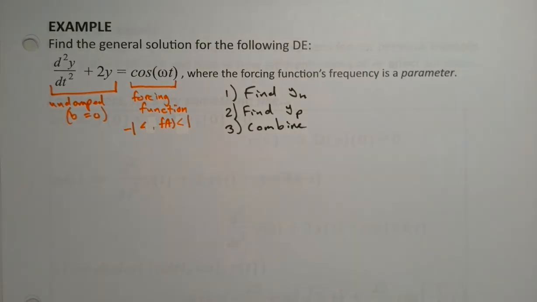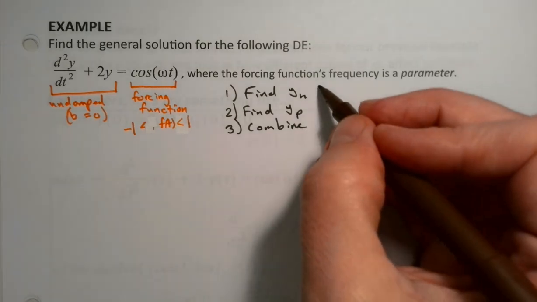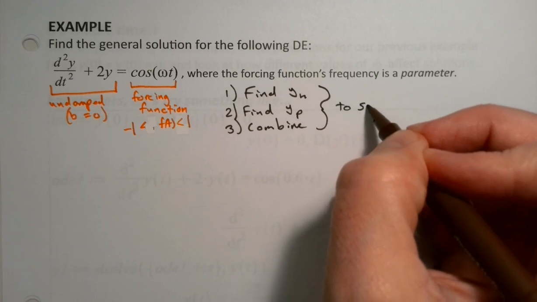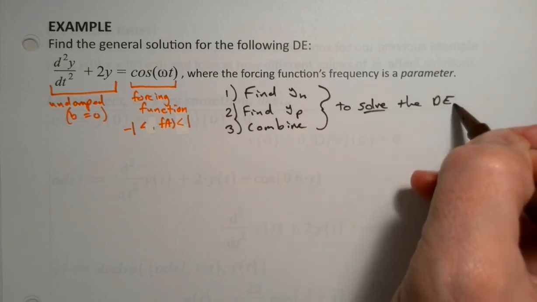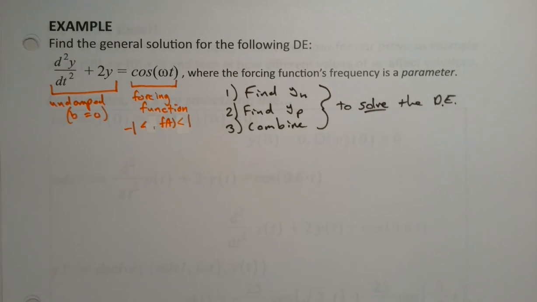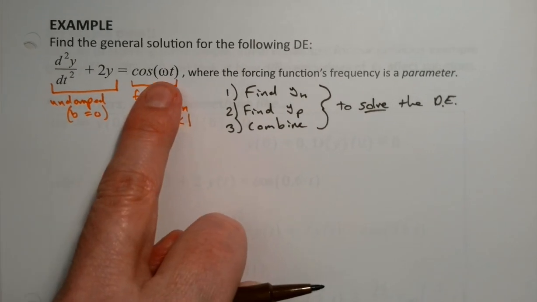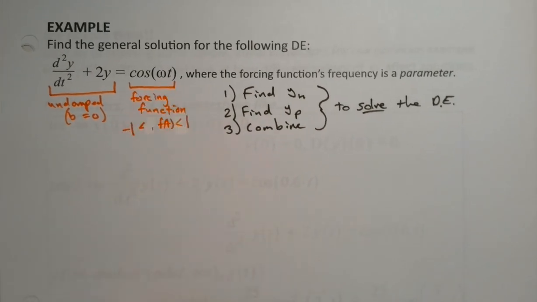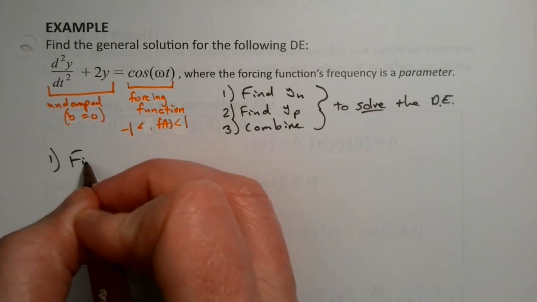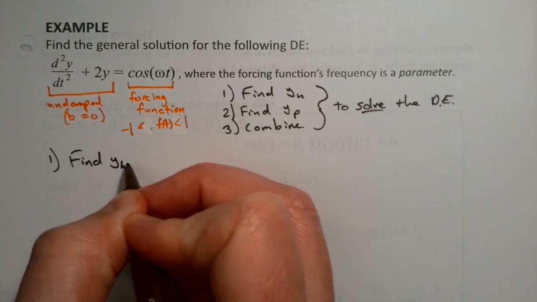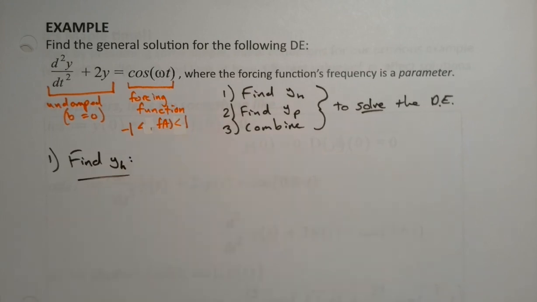So we're going to follow those steps to solve the differential equation, and that's going to give us the equation of motion for this harmonic oscillator. Now we're going to leave omega alone as a parameter and just see where it leads us. So step 1, like we've done before, we're going to find the homogeneous solution.